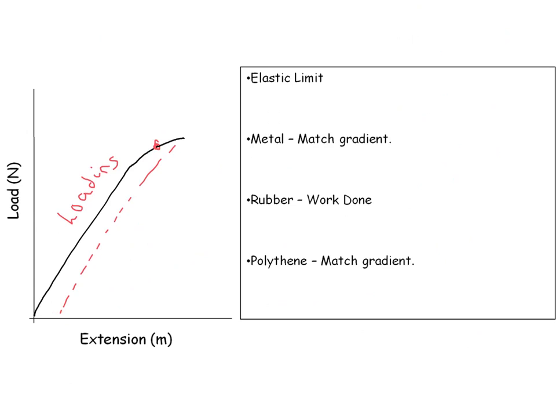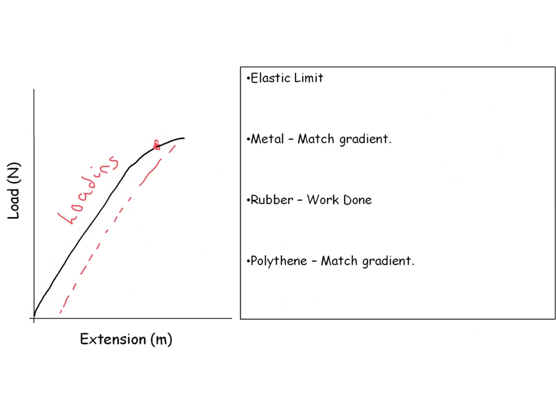However, say for instance we only stretched it to somewhere on this section before you hit the elastic limit. What would happen in that situation is it wouldn't be permanently deformed, so your line would just come back along the same line and you go back through 0, 0.